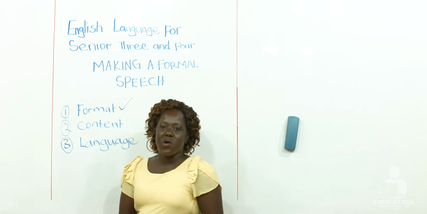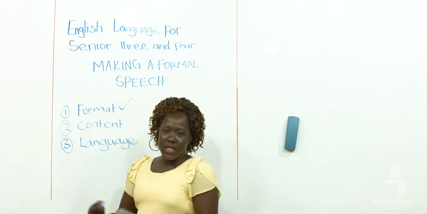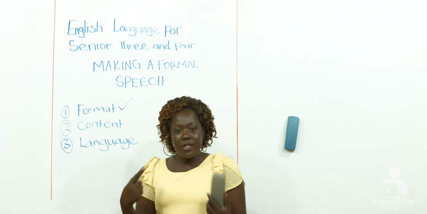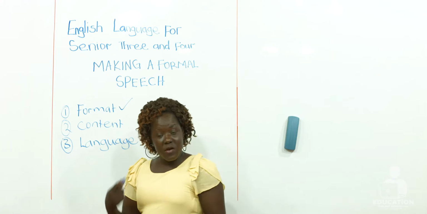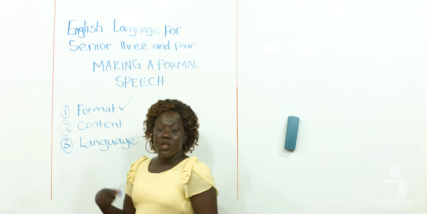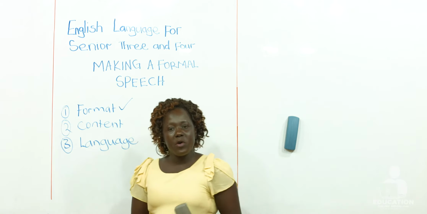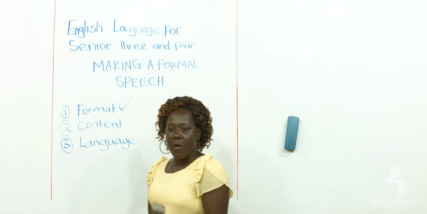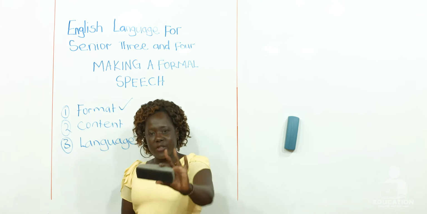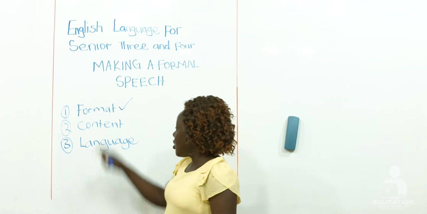We also saw self-introduction, greetings, and introduction of the topic when you're making a speech or writing it. Then we did not end there. We said that for a formal speech to be complete in format, there must be a conclusion. But today, away with that, we are not going to dwell on the format.